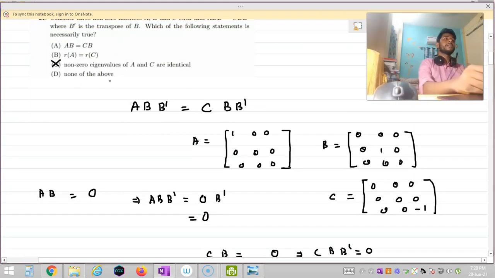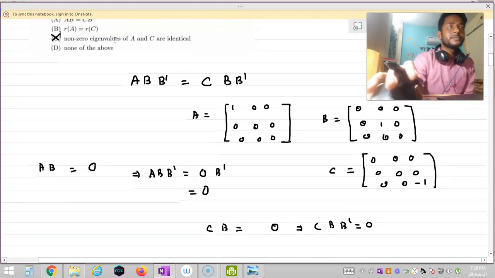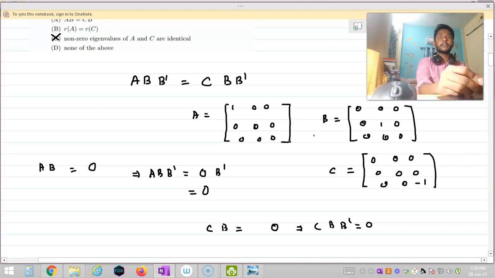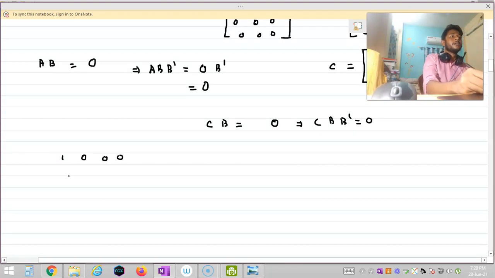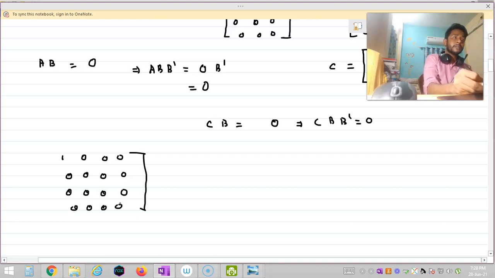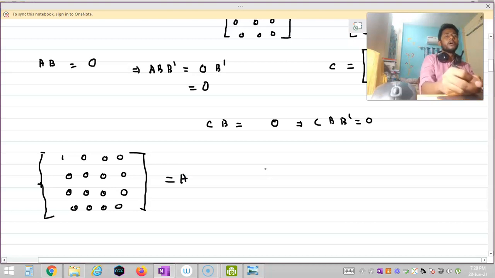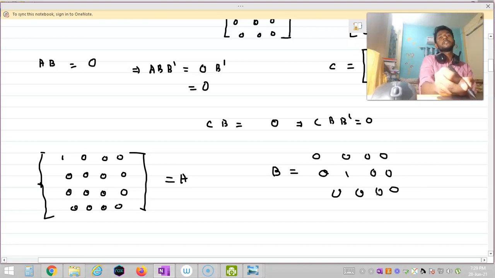Now let us talk about option B. Just observe this matrix. From this concept I can consider a 4x4 matrix A equal to 1 0 0 0 followed by all zeros. This is our matrix A. I am considering the matrix B as all zeros except a 1 in the second row.